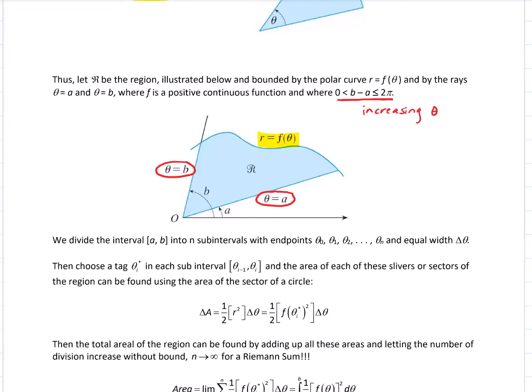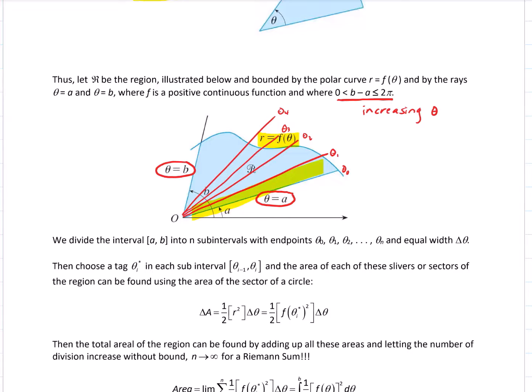So we're basically bringing in a bunch of rays, here's theta sub 0, theta 1, theta 2, and so forth. And on each one of those rays, we are computing the area of that sector.